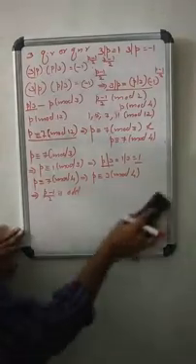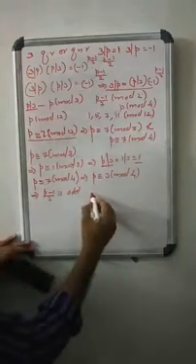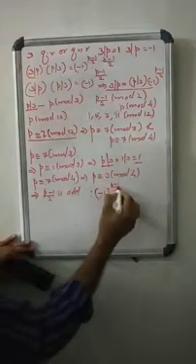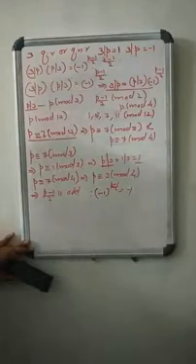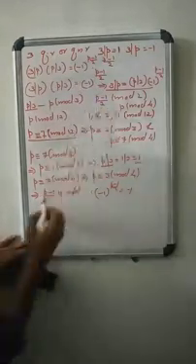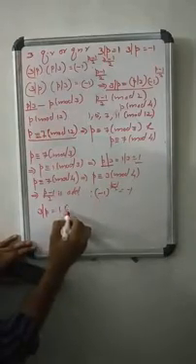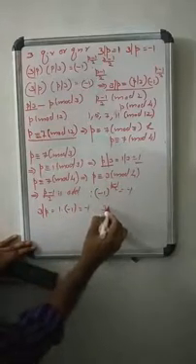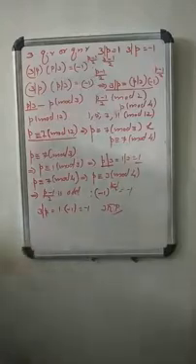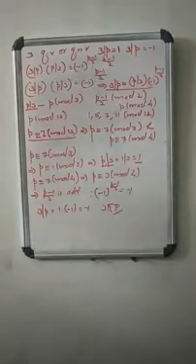Since P minus 1 by 2 is odd, (-1) power (P minus 1 by 2) is minus 1. So what do you get? Again (3 by P) equals (P by 3) times minus 1. What is that? 1 into minus 1 is minus 1. So it is again 3 is a quadratic non-residue mod P.